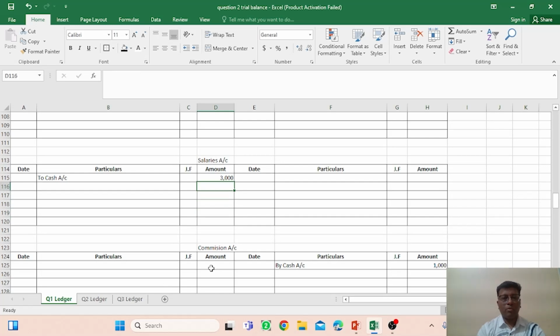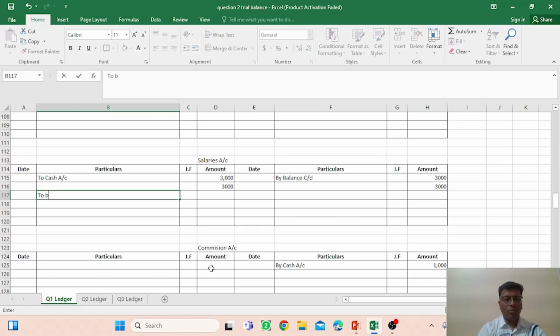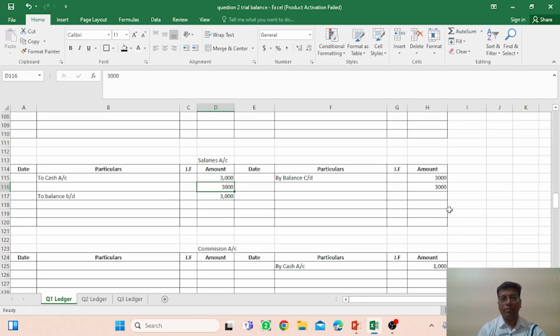Again, this account of salary would be closed with rupees 3,000, and balance would be 3,000 by balance CD, and to balance BD rupees 3,000, and we make it bold.